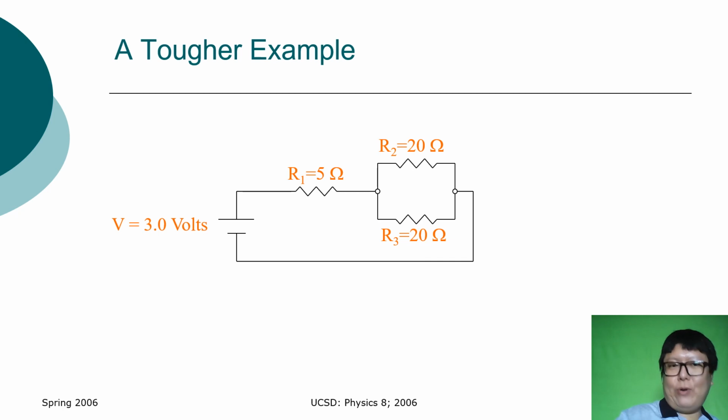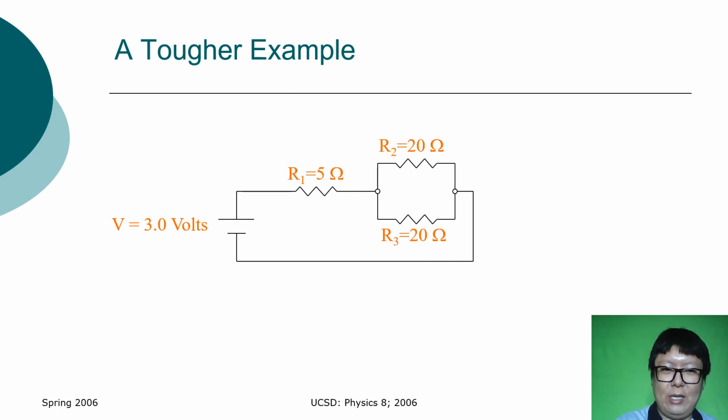This is a more challenging question, but not really hard actually. So what should you do if you get these questions and you have to find the current and the potential difference in each resistor? The first step you have to do is always start to find the effective or the equivalent resistor.